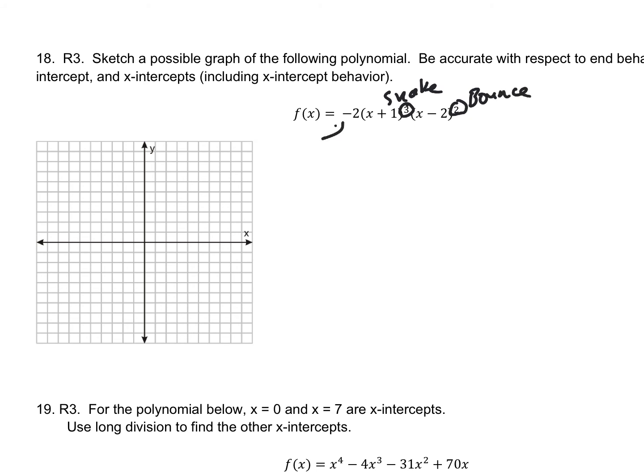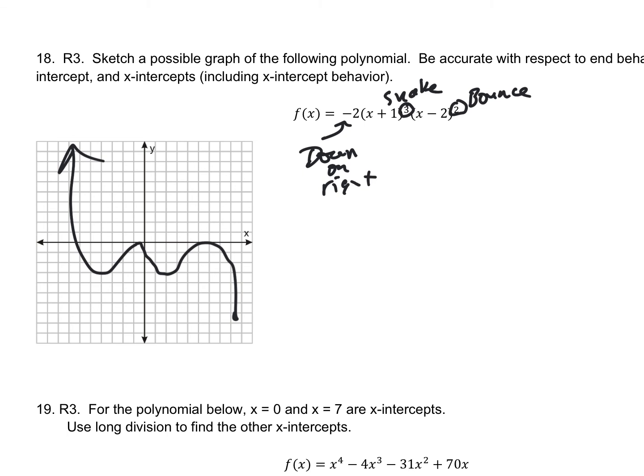And who remembers what that negative in front does? Nobody remembers? Oh, Oscar remembers. Makes it go down on the right. Down on right. So your final answer is going to look something like this, except that's not it, but, you know, something like that.